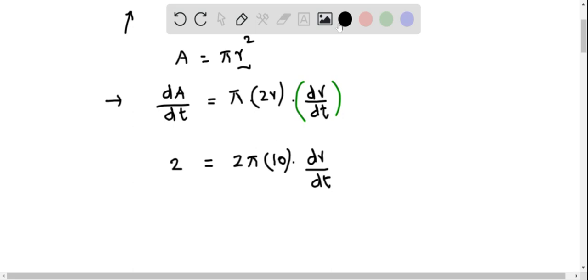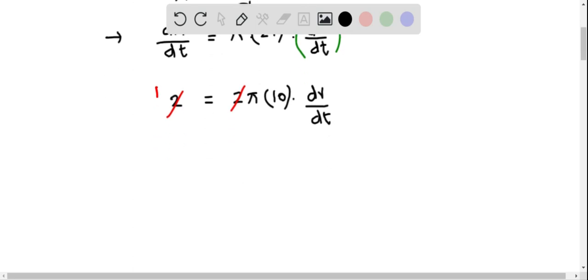We see that we have the factor 2 on both sides, so we can simply cancel them, or we can consider that if you divide both sides by 2, these two will get cancelled, so we will have 1 on this side. Now we have to solve for dr over dt, that is dr over dt equals 1 over, we have to divide by this quantity 10 pi, so it becomes 1 over 10 pi.